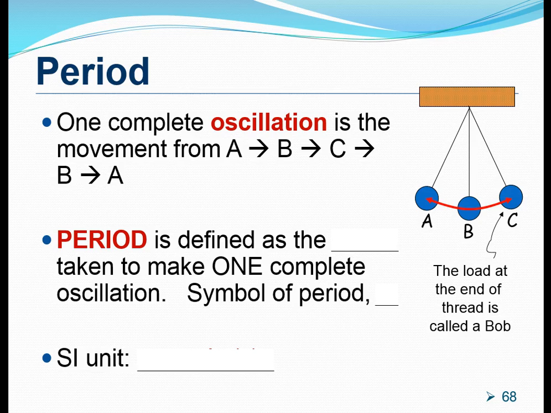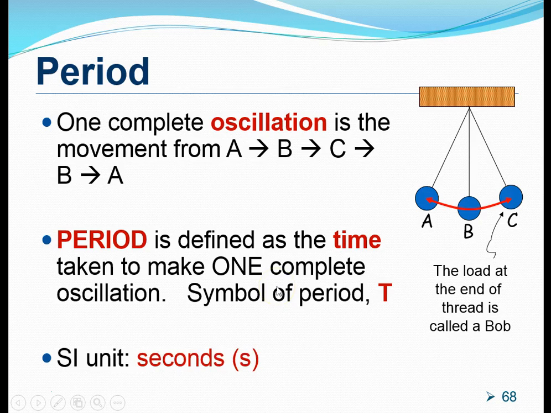The period of an oscillation refers to the time taken to make one full complete oscillation. In physics, period has a symbol capital T, and try guessing what the SI unit is for period. Well, since period is basically a time, the SI unit for period is therefore seconds.